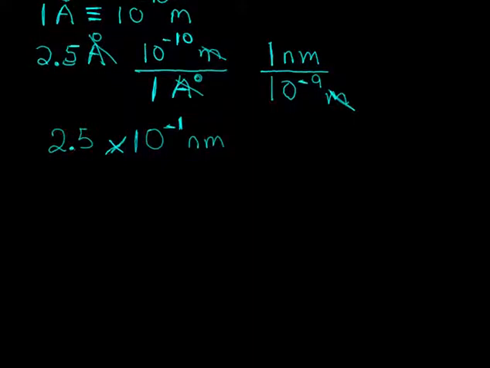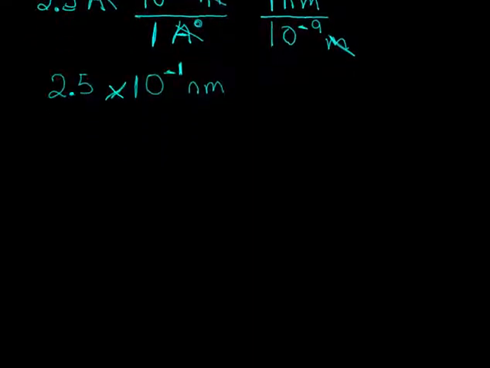But our powers of 10 notation let us do this a little more quickly. So we're going to look at part B, which is how many femtometers are there in 2.5 angstroms.